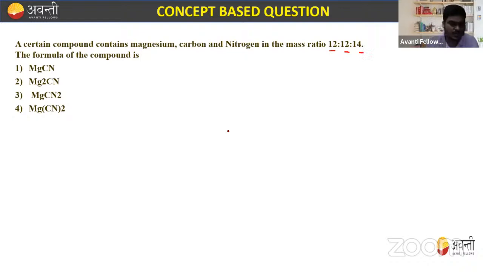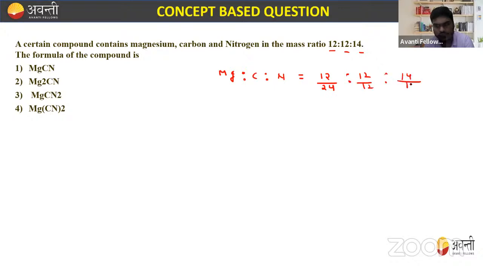You have to calculate the formula of the compound. We find the moles, that is mass upon molar mass: for magnesium, 12 upon 24; for carbon, it is 12 upon 12; for nitrogen, it is 14 upon 14. So the ratio comes out to be 1/2 : 1 : 1, or we say it comes out to be 1 : 2 : 2, right?